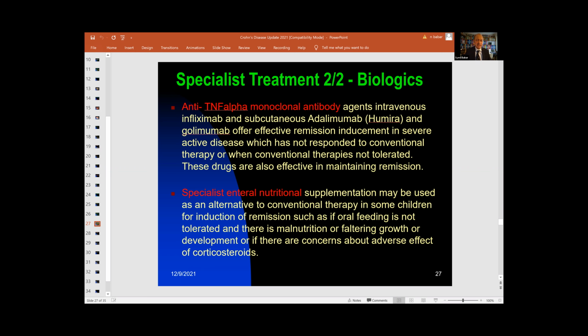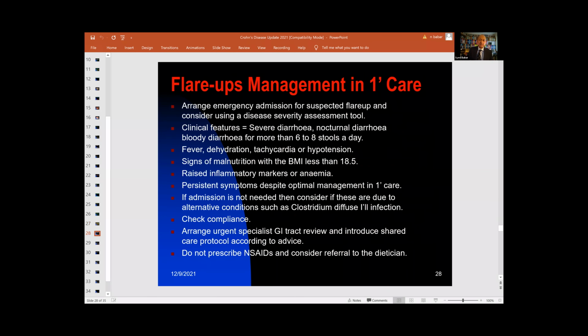Sometimes specialist enteral nutritional support might be all that is needed to achieve a remission, and that would be a very good thing. So in primary care, if there are flare-ups, one arranges emergency admission and one assesses the disease severity.